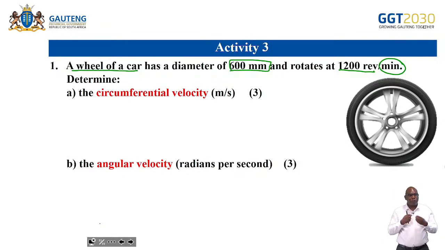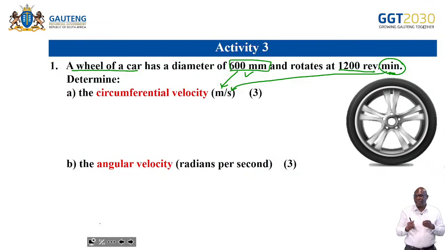It's not just a question of substituting into the formula, because then you're going to get it wrong. Now, let's look at it. The first question says, determine the circumferential velocity in meters per second. That part is given in millimeters and this part is given in minutes. So I need to change millimeters to meters and minutes to seconds, and then I'll get my answer correctly.